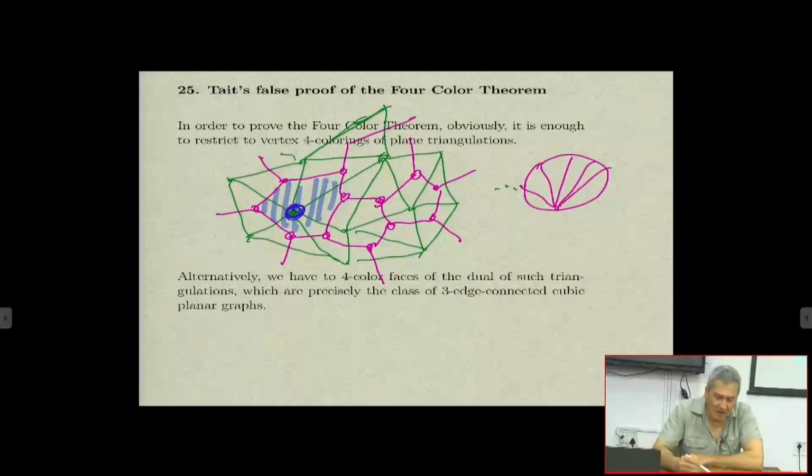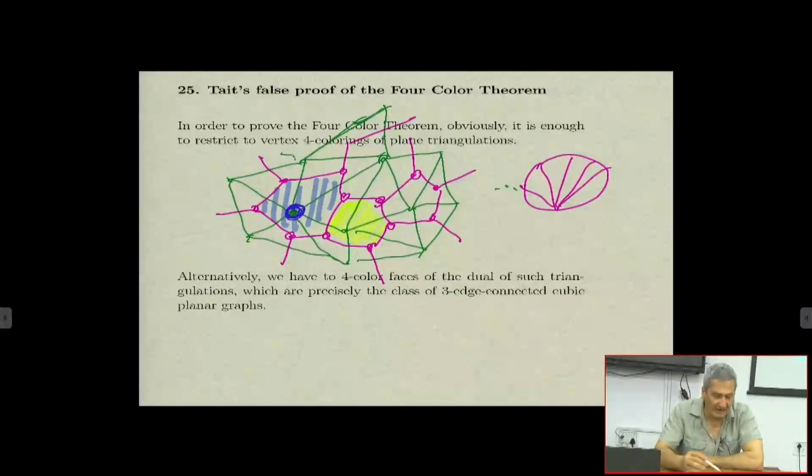Okay, now we have a cubic graph, this pinky graph, and we want to color the faces of this cubic graph such that if this is blue, then this must be, let's say, yellow.